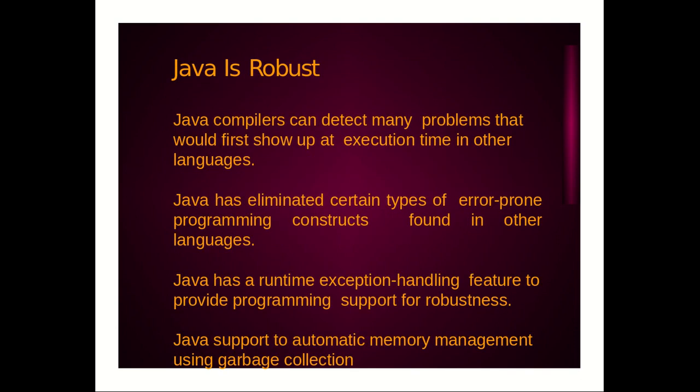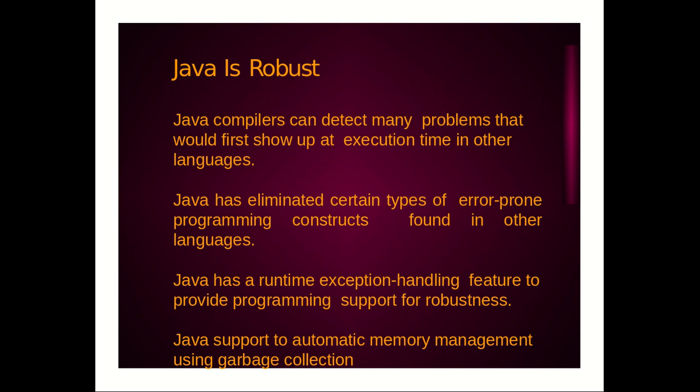Java is a robust language. The compiler can detect many problems that in other languages only show up at execution time. Java is a strictly typed language. Type checking means that during compilation, it checks for errors within the source code. Java has eliminated certain types of error-prone programming constructs found in other languages.